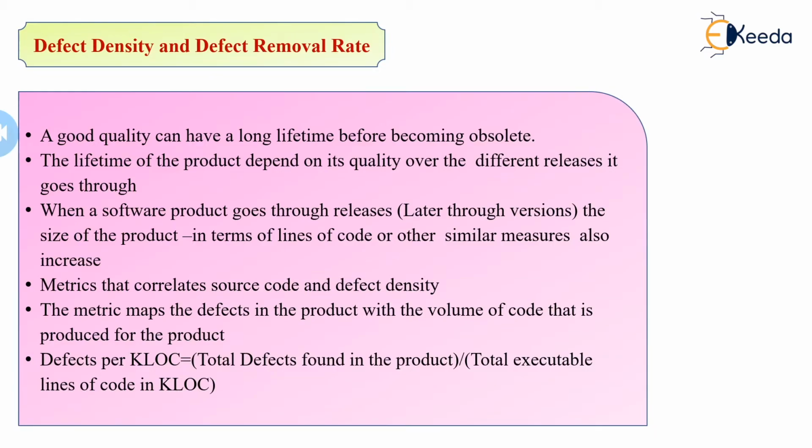For example, Windows XP. I don't know how many of you have heard of Windows XP, but I have used it plenty of times and found it very friendly. Later, when Vista and Windows 7 came, XP slowly started becoming obsolete. When I was still using XP, people asked, why are you using XP?